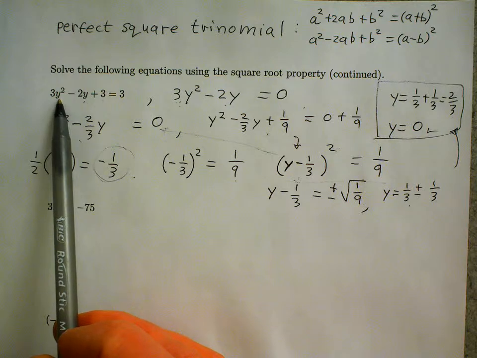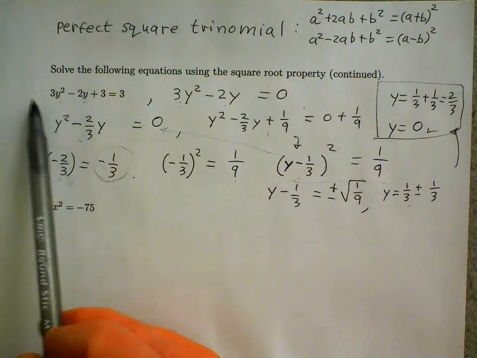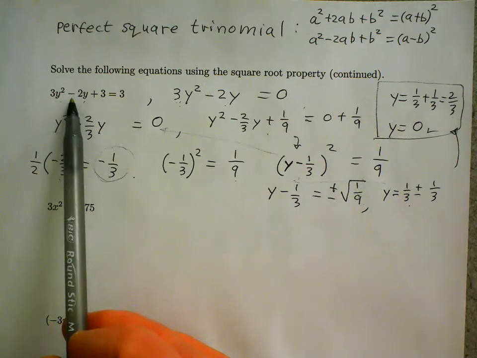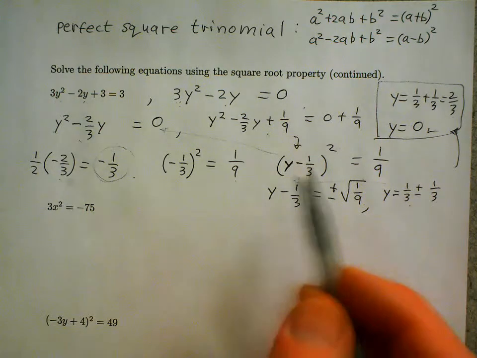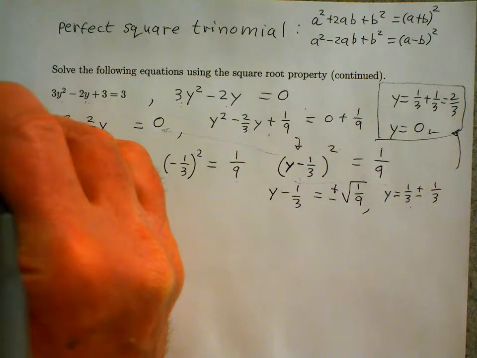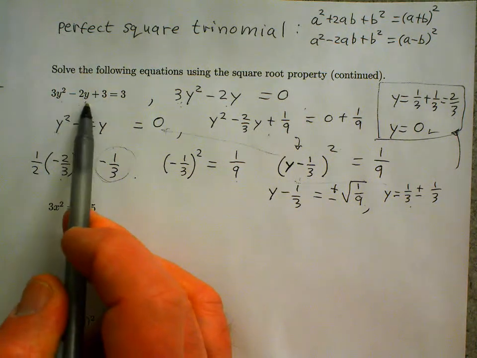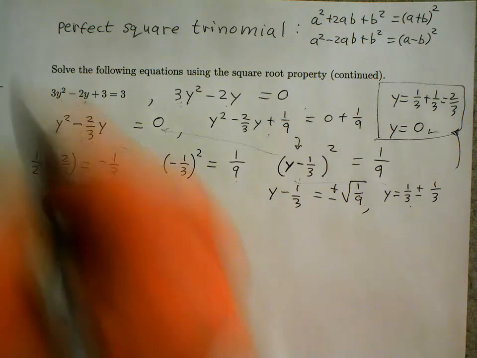2/3 squared is 4/9, and 3 times 4/9 is 12/9. So 12/9. And then minus 2 times 2/3 is minus 4/3.